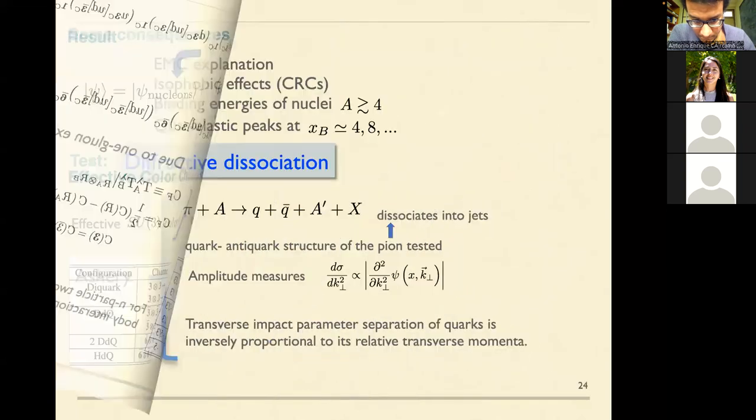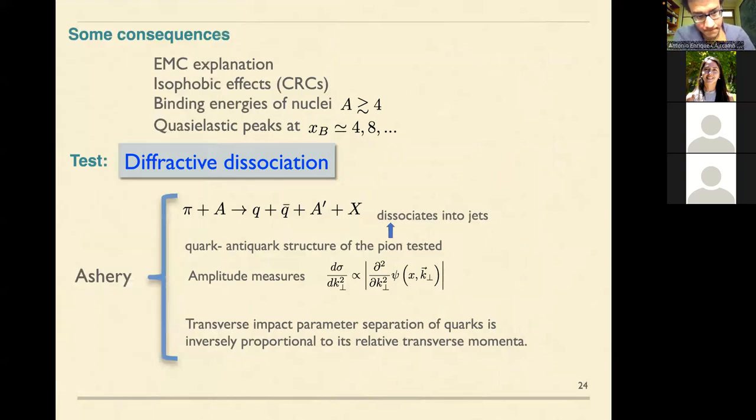For example, if you do deep inelastic scattering on the nucleus, probably you're going to have quasi-elastic peaks for 4, 8, etc. That could be one consequence of this.